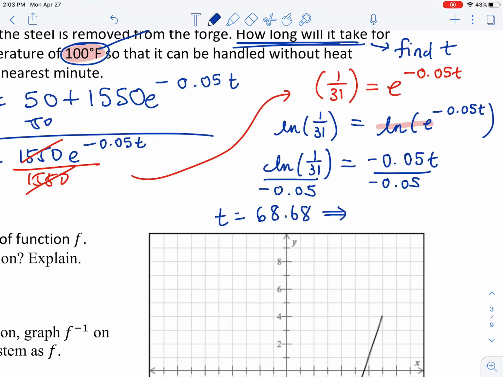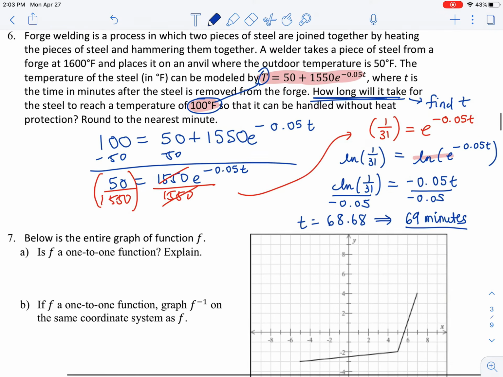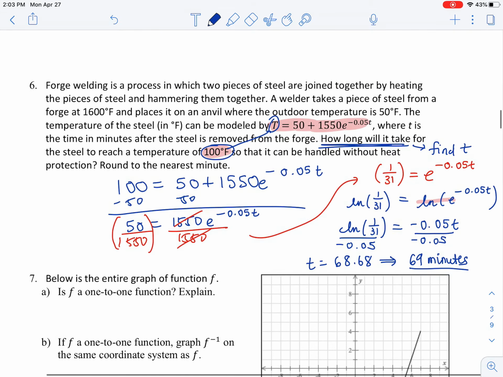But if I round this to the nearest minute, that's what they wanted. I have to wait 69 minutes. So the answer is going to be 69 minutes simply by solving that equation we set up together, okay? So I got a couple application problems on this exam for you because I do want you to set up your equation and just want to give you some applicable questions that are meaningful. So I think this one was a good one.